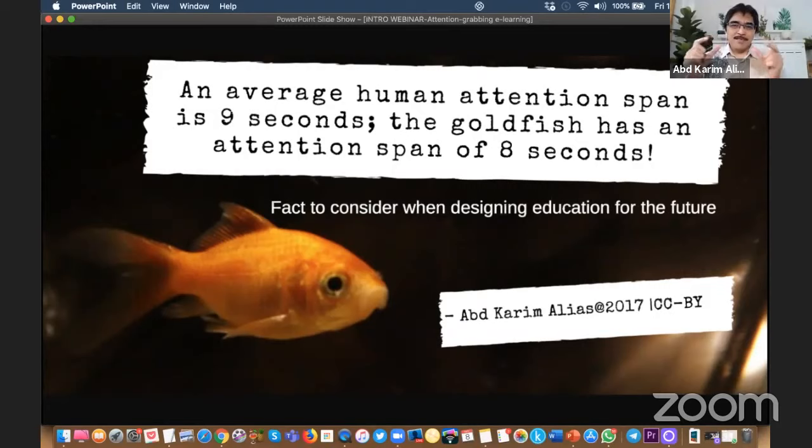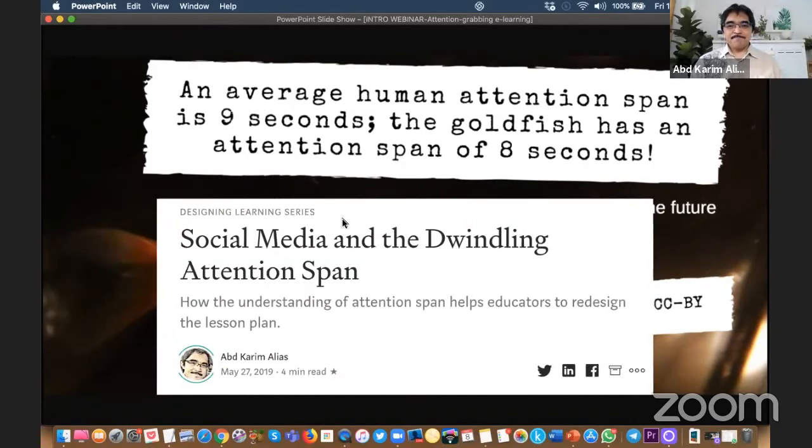How do we retain the attention? How do we hook the learners or the students so that they can spend longer in our course, and they can get more? So this is a fact to consider when we design education for the future, when we design our online course or e-learning course. Okay, and I've written quite a long article in my blog.